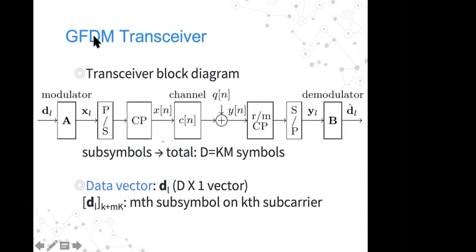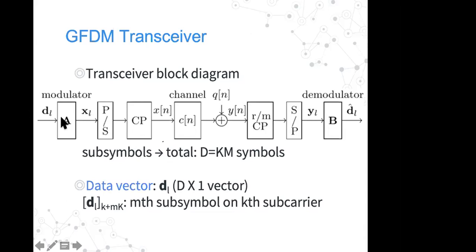In the GFDM transmitter, we take the data stream and translate this data stream into a matrix A. I'll show you in other slides what the matrix A is. Then we do parallel to serial conversion. We also add a cyclic prefix and pass it through the channel. This A is your modulator.